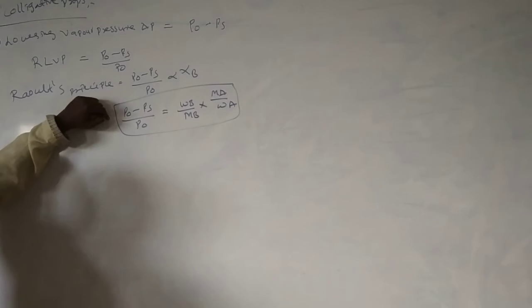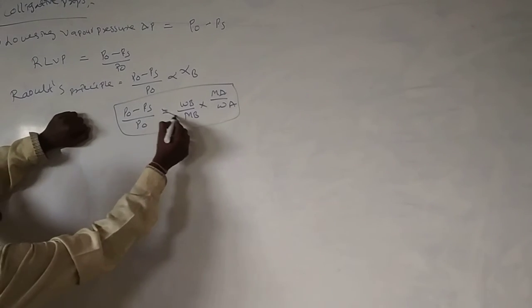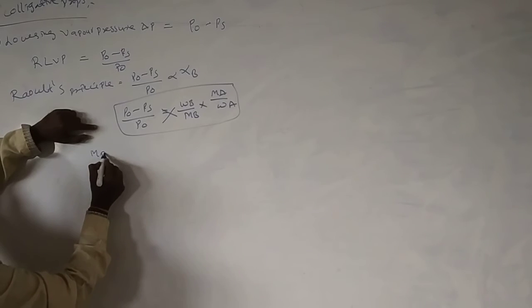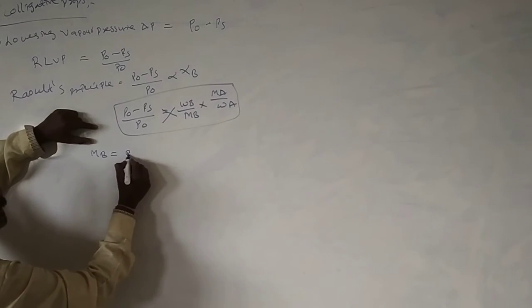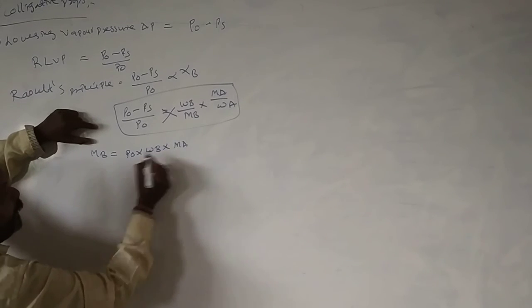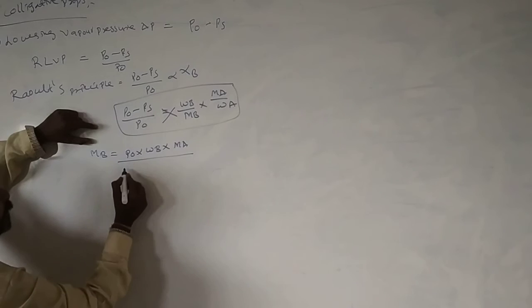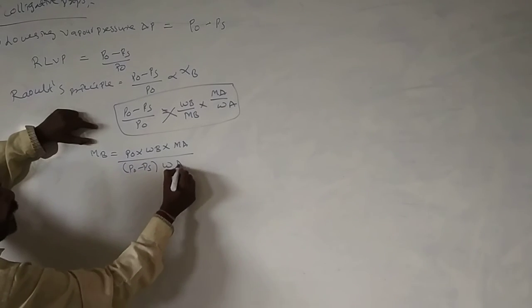This is the principle for the calculation of relative lowering of vapor pressure. Here MB equals P0 into WB into MA by (P0 minus PS) into WA.